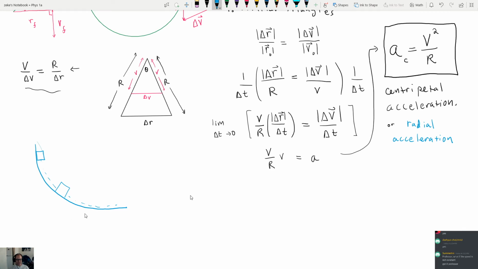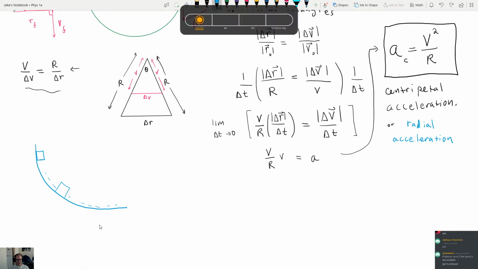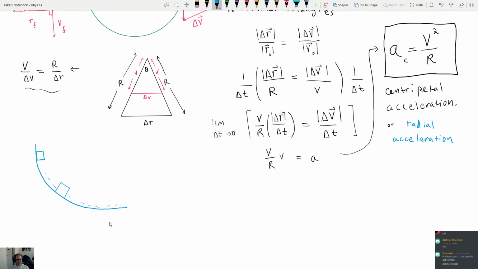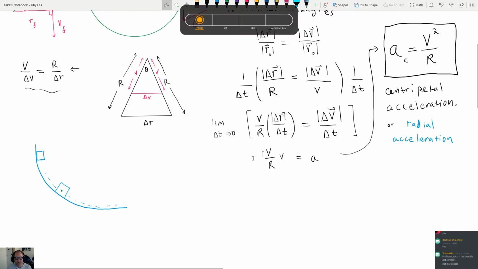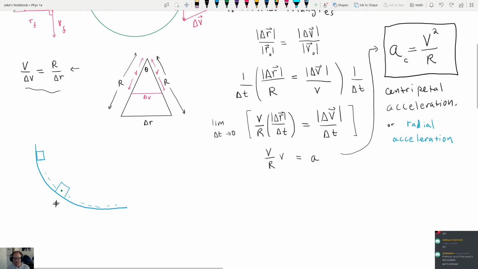So as the object is sliding down, it is going to be accelerating in two different ways, okay? Let's just look at the object when it gets to this point right here. In one way, it's going to have an acceleration that's pointing down the ramp like this. I really need to use vectors for this, or it's going to end up looking bad. So it's going to have an acceleration along the ramp that goes this way, and we call that the tangential acceleration.